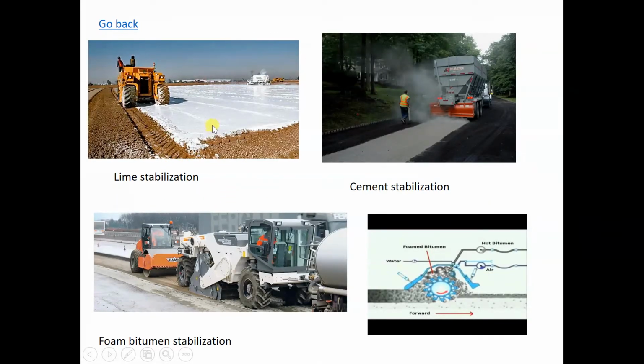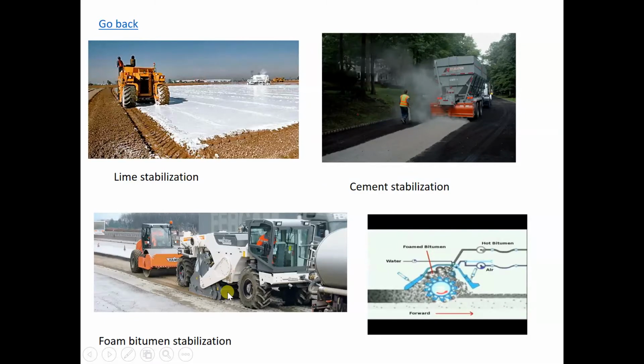So you can see that the top left is the lime, and then the cement. They look the same, but they are quite different in their properties. Okay, the cement needs to react with water. Actually, it's a binder.